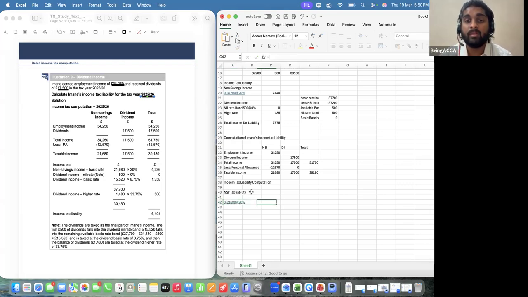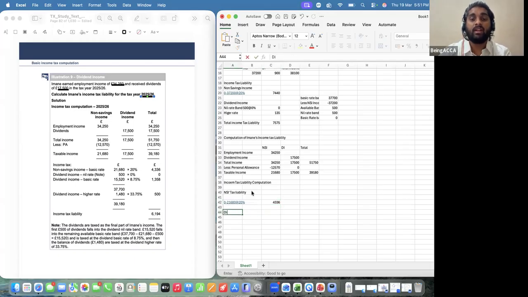Which means it will be equal to 21,680 into 20%, because always remember, for non-savings income you do not have any nil rate band or starting rate band or anything of that sort. So this would give us 4,336.